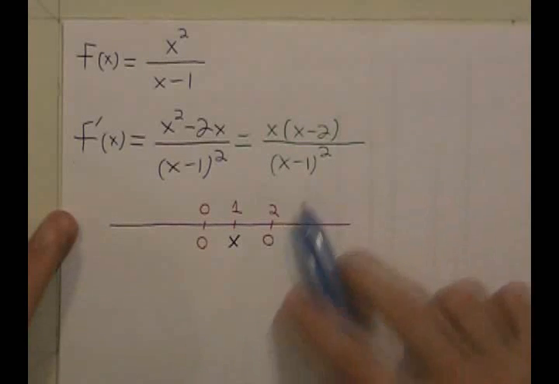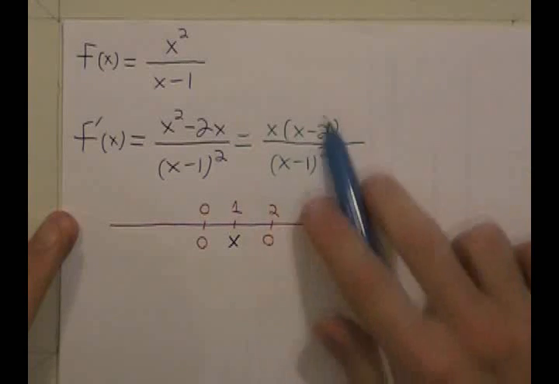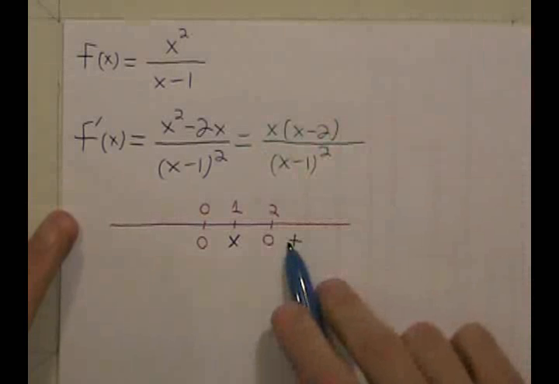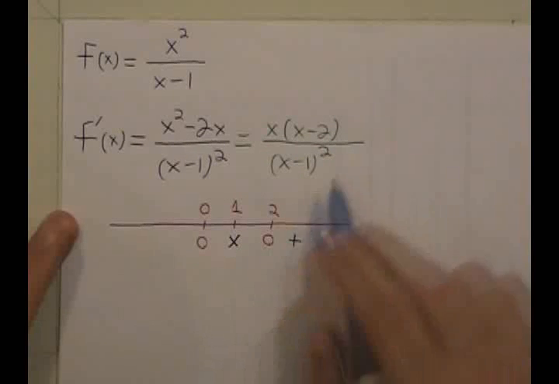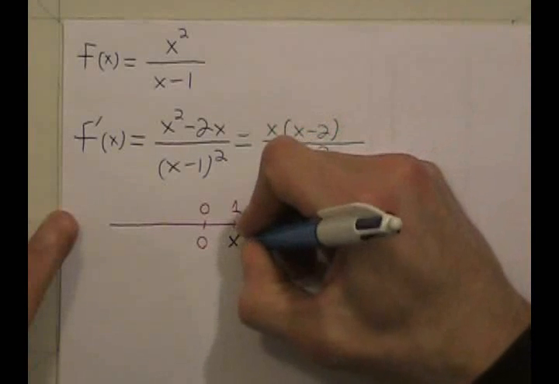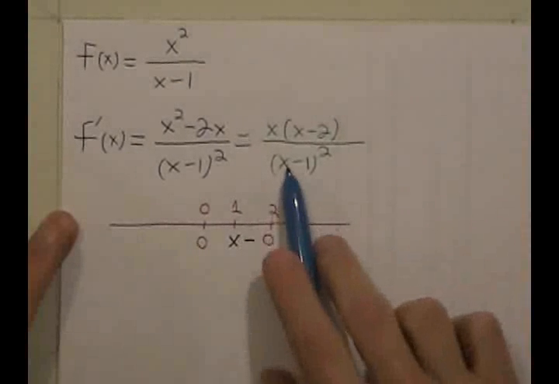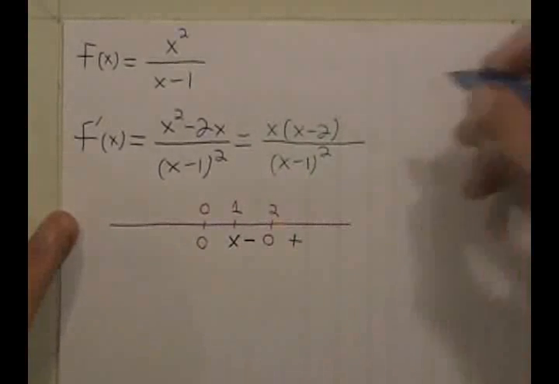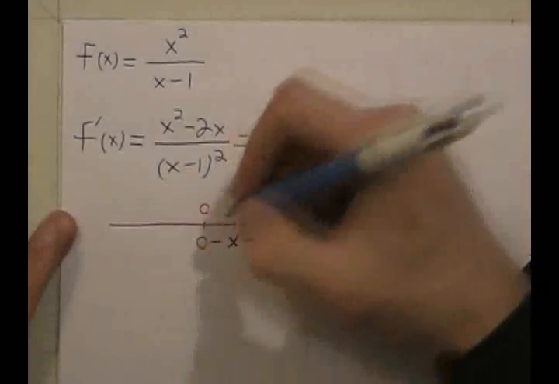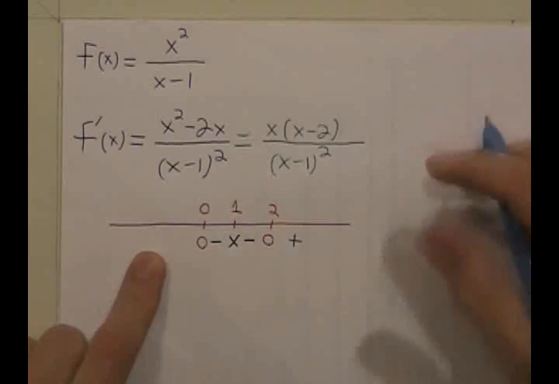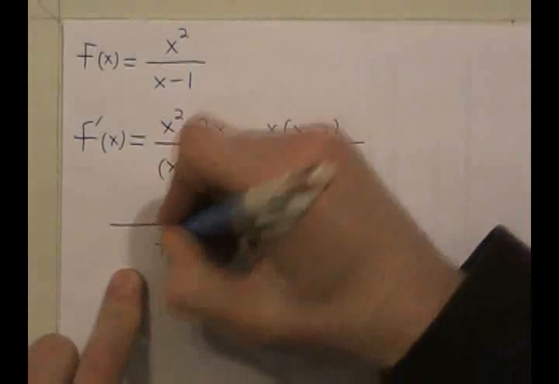Then fill out the rest of the sign chart. If I plug in a number greater than 2, every term is positive, and I get positive over here. If I plug in a number between 1 and 2, I'll get negative. And if I plug in a number between 0 and 1, I will still get negative. And if I go to a number that's less than 0, the whole thing will be positive again.